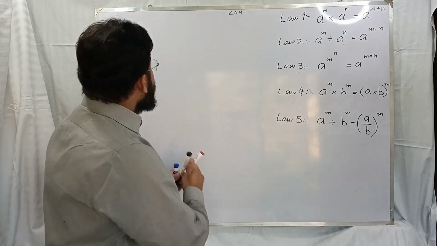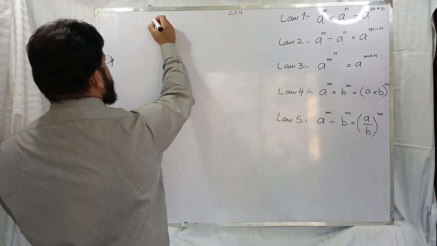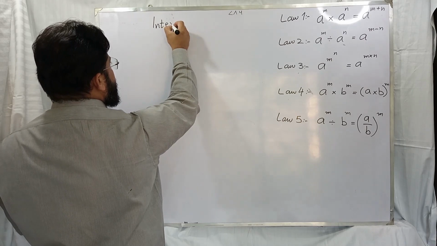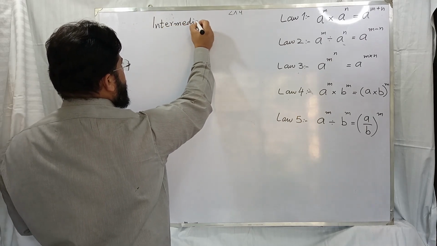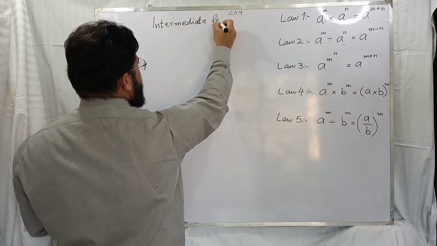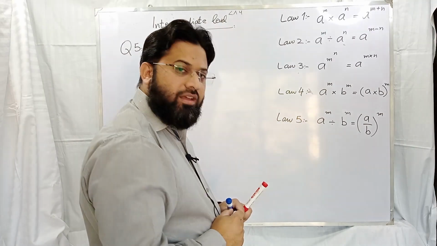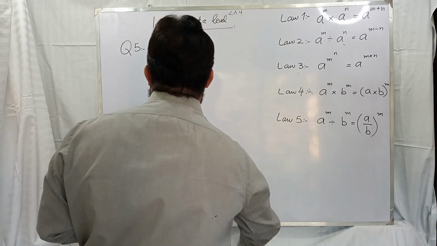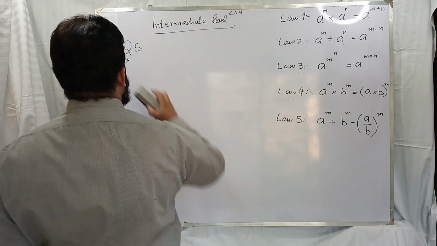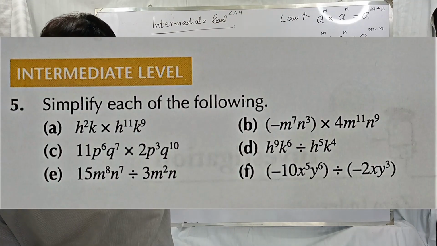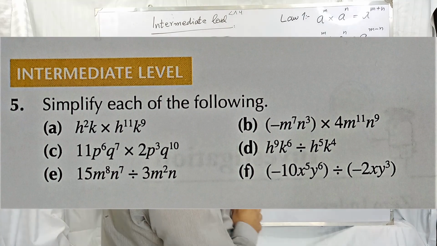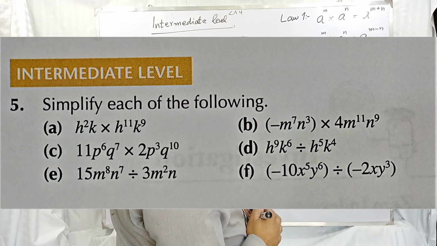Let's start the intermediate level. Let's start from question number 5. Simplify each of the following.